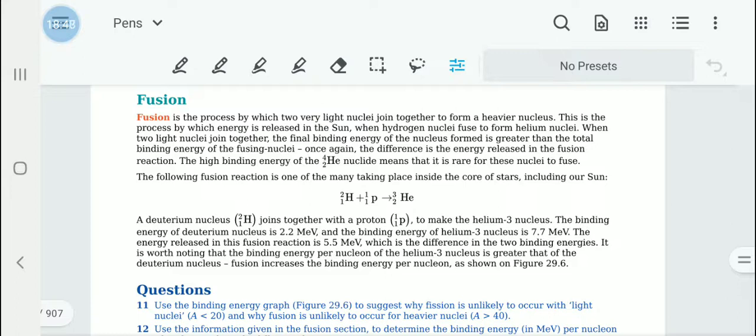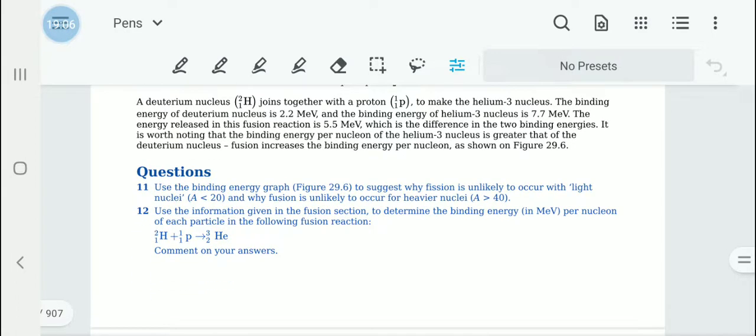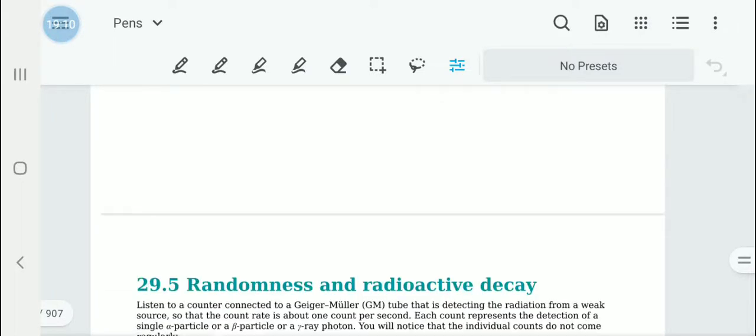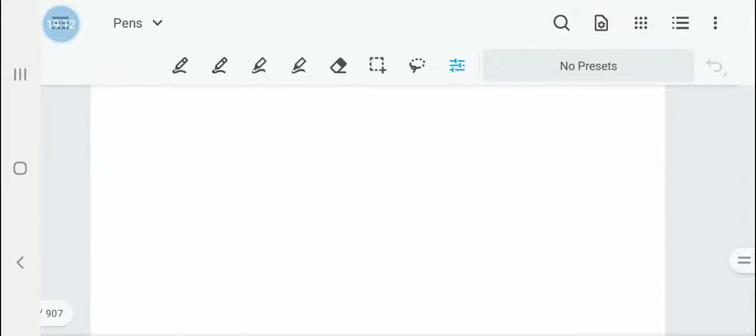So the energy released in the fusion reaction is going to be the difference, 5.5 mega electron volts. That is something that you need to understand. I hope that makes sense. It is a bit of a tricky part. If you did not understand, let me know, then I will explain it further.